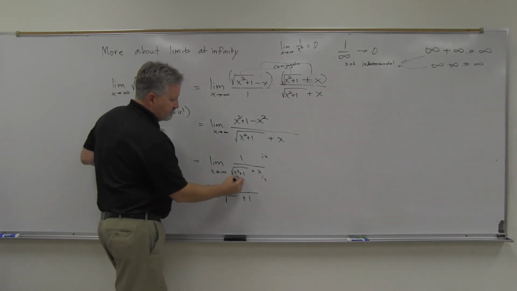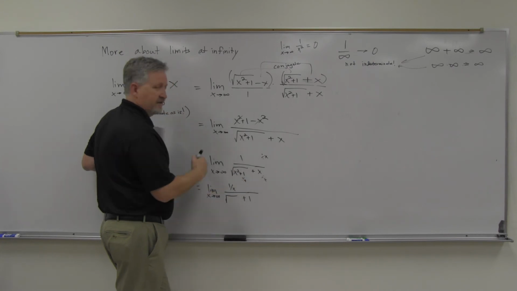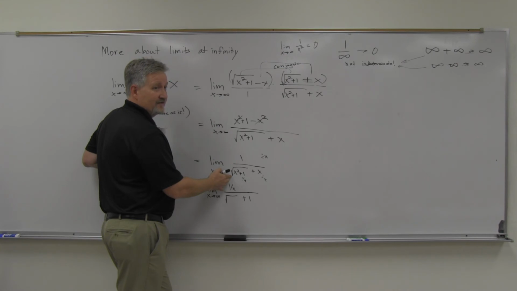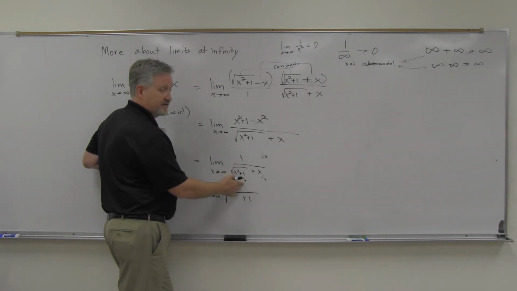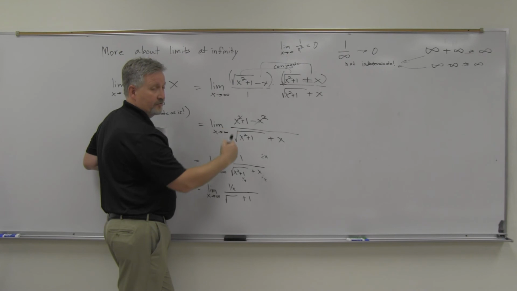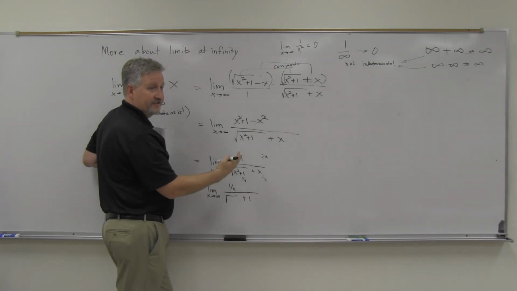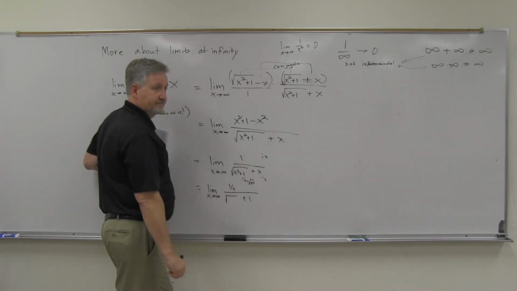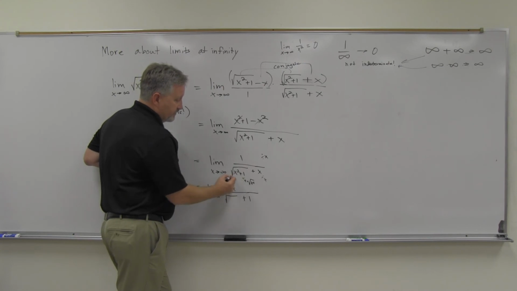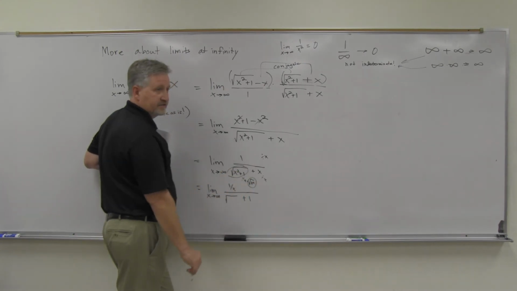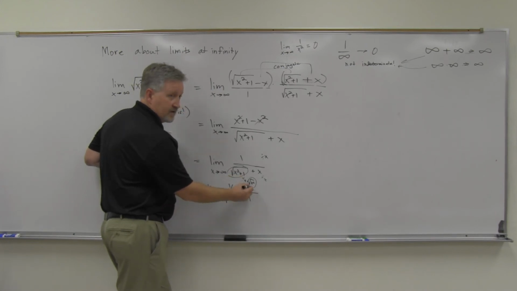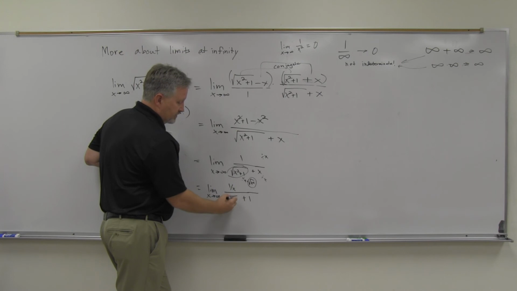Now, when I divide this by x, and again, this is just to reinforce what we did before, since it's a square root, what do I have to divide it by? Instead of x, divide by the alternative form of x, which would be the square root of x squared. Yes? So this one is divided by the square root of x squared. So what is that going to give me? X squared divided by x squared, so that'd be 1, and then plus 1 divided by x squared.